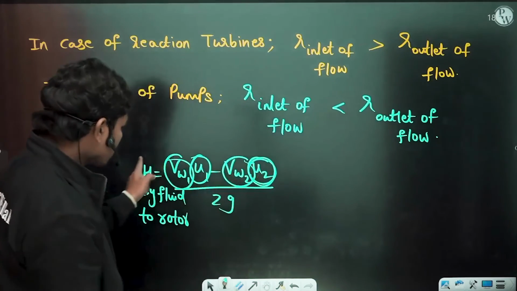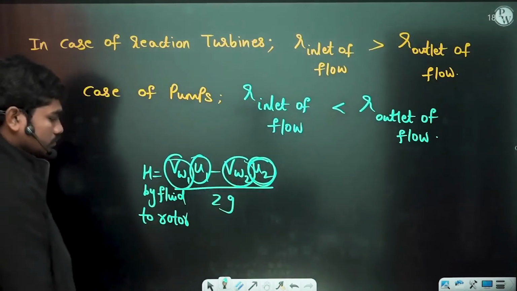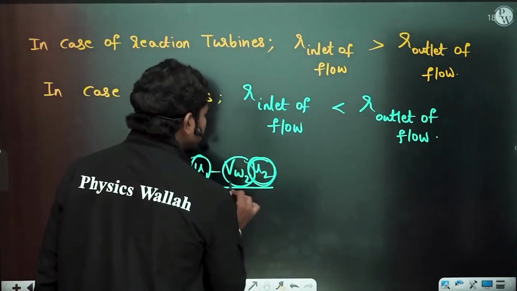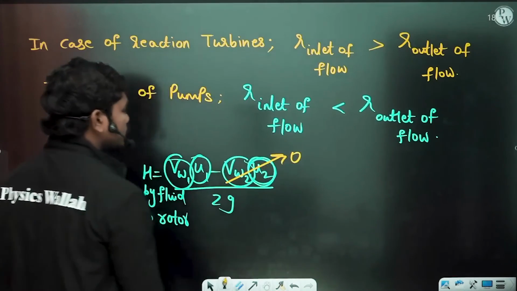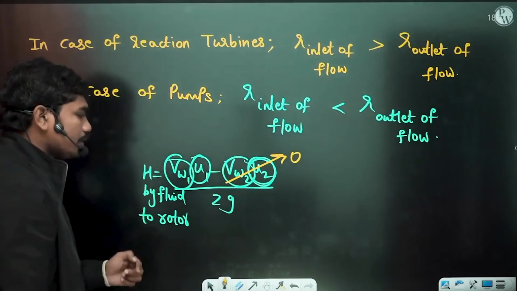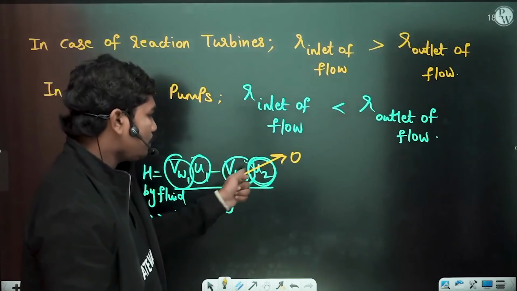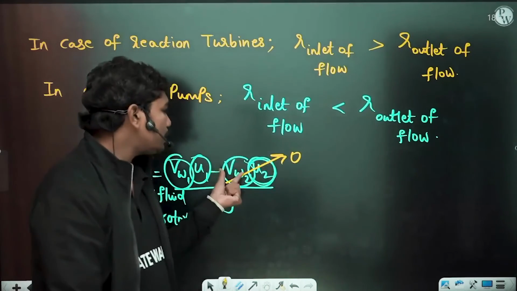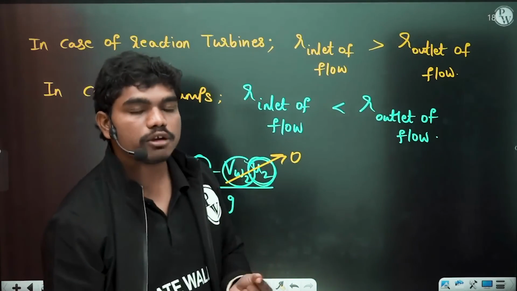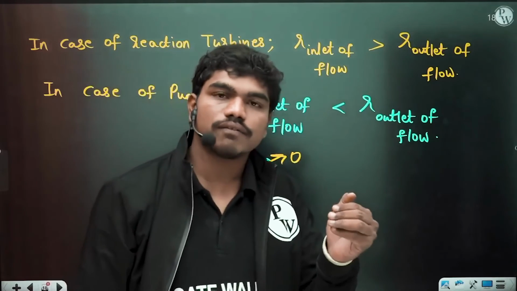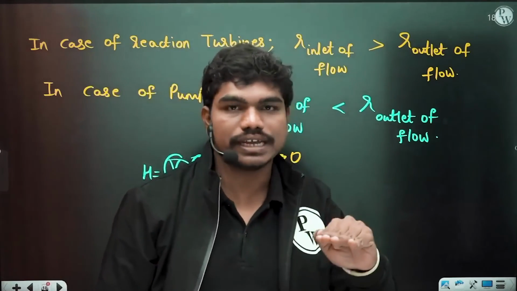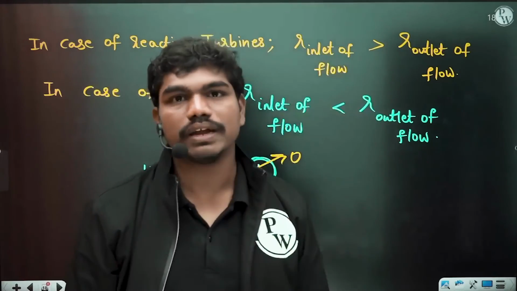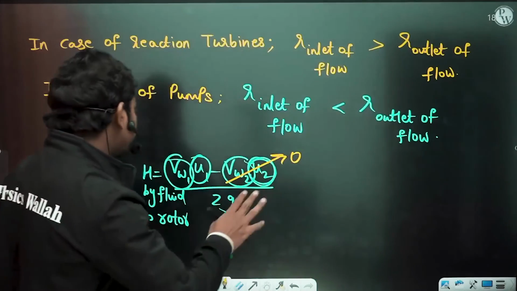Now if you want to maximize the head supplied by the fluid, the thing you can do is make Vw2 u2 zero. That means Vw2 should be made 0. What is the meaning of that? At the outlet, the flow should not have any tangential velocity, meaning the flow should be radial. That's why the flow should be purely radial at the outlet.